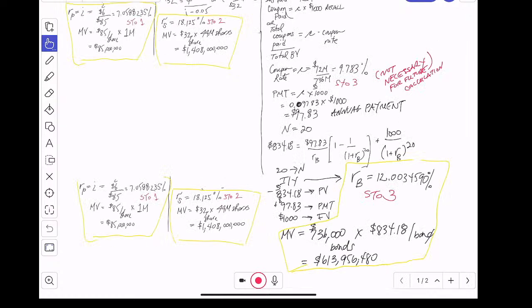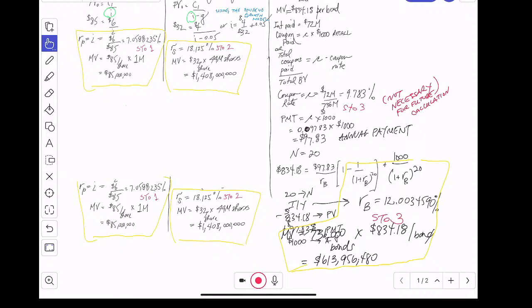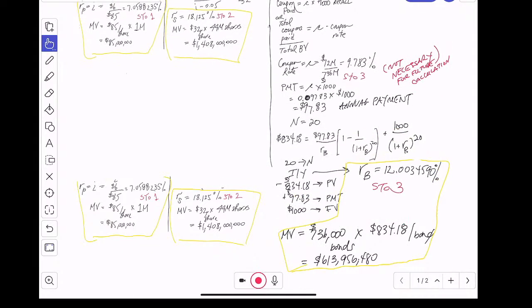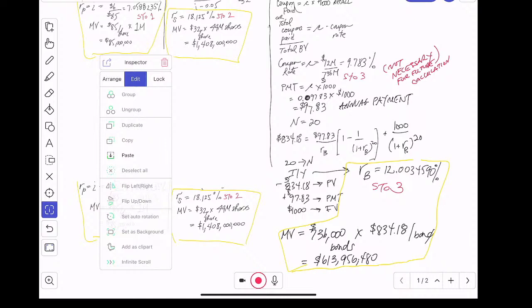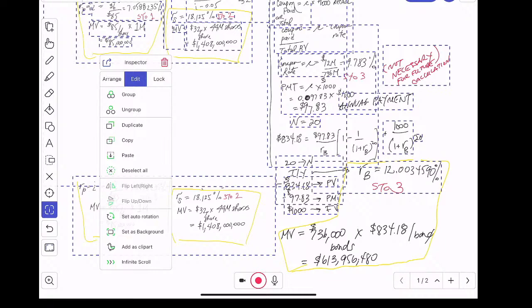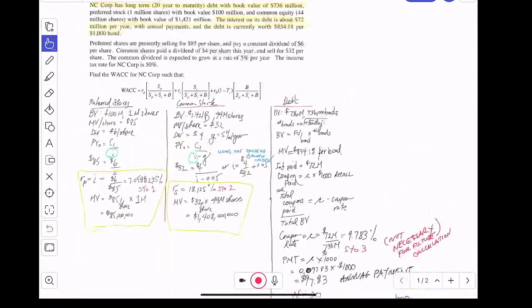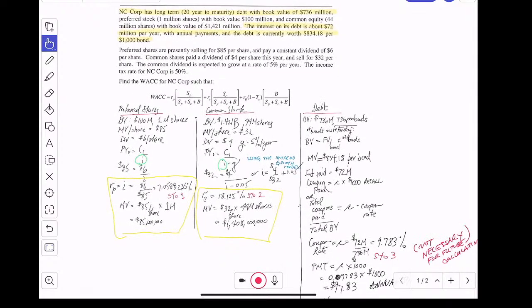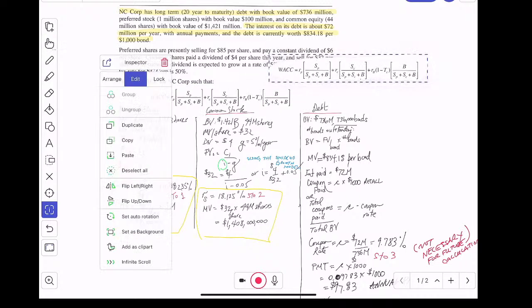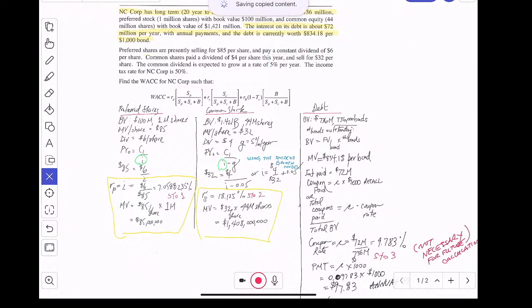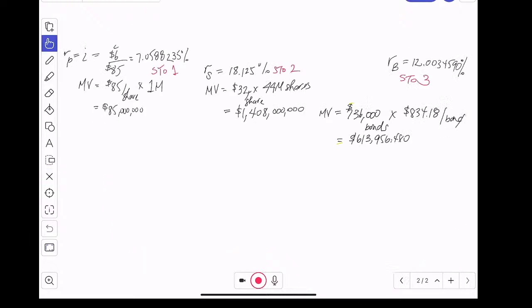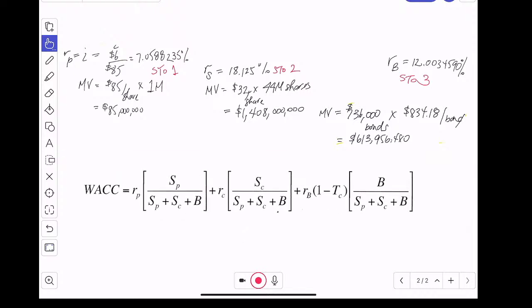What's the WACC formula after all this? Did we forget what the WACC formula is? From the top, it's here. So you have everything you need.